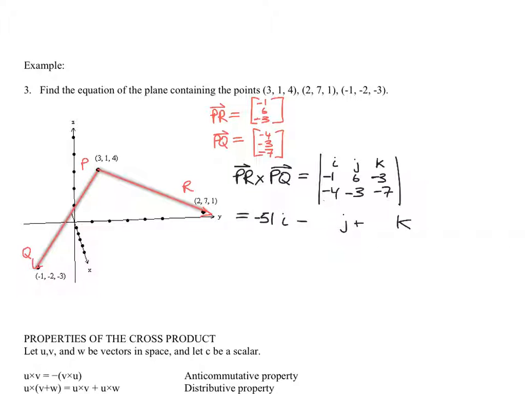So 7 minus 12 is going to be negative 5. So negative negative 5, so plus 5. And then for the K, ignore the K row and column. So I'm looking at diagonal down, negative 1 times negative 3 is positive 3. Diagonal up, negative 24. So 3 minus negative 24, so 3 plus 24 is going to be 27.